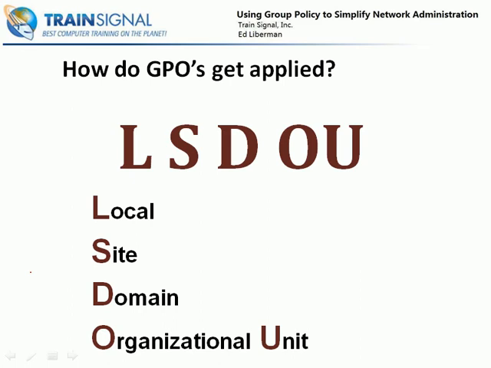And then we see what domain the computer and or user are in. If there are any GPOs linked to that domain, those settings get applied. Then we take a look at the organizational unit that the computer or user are in, and if there are any GPOs linked to that container, those are applied.